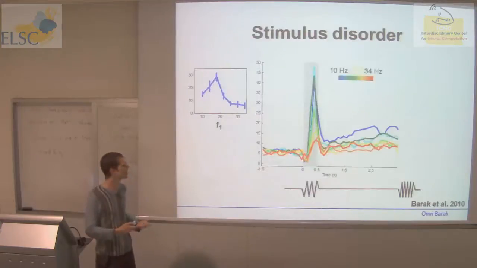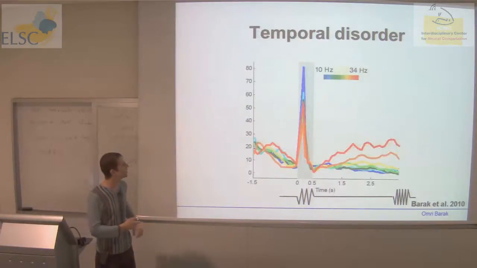So the data has neurons that are not exactly positive and not exactly negative, but are some combination. The data also has neurons that during the stimulus period have a minus, so they decrease firing rate with increasing stimulus frequency, but during the memory period, the delay period, they do the opposite.